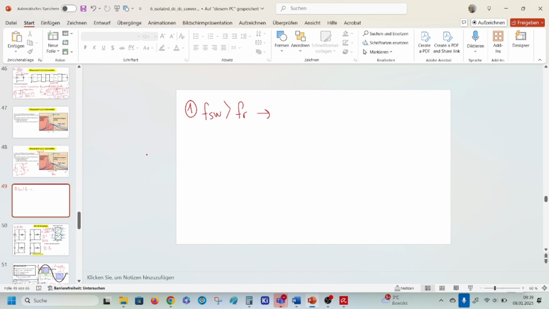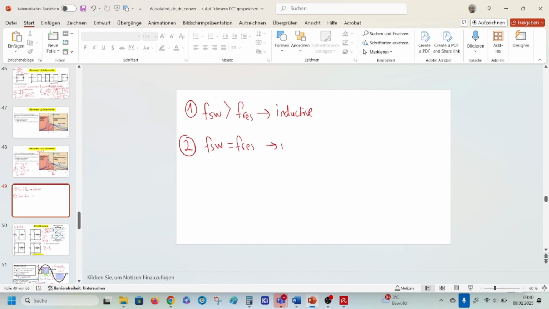In this case, this would be inductive. We have three options. Either we switch at resonant frequency.